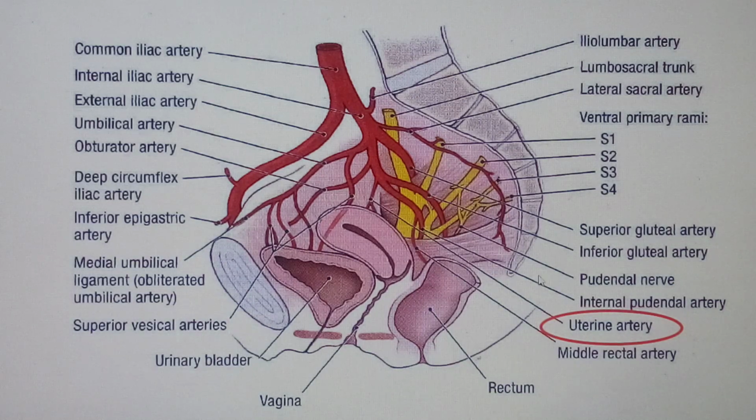Okay, that guy over here we are calling the internal pudendal artery. And I told you that this internal pudendal artery usually will run along the pudendal nerve. Both of them will do the same trick, and both of them will also be contents of the pudendal canal or the Alcock's canal. Okay, so that is the internal pudendal artery.